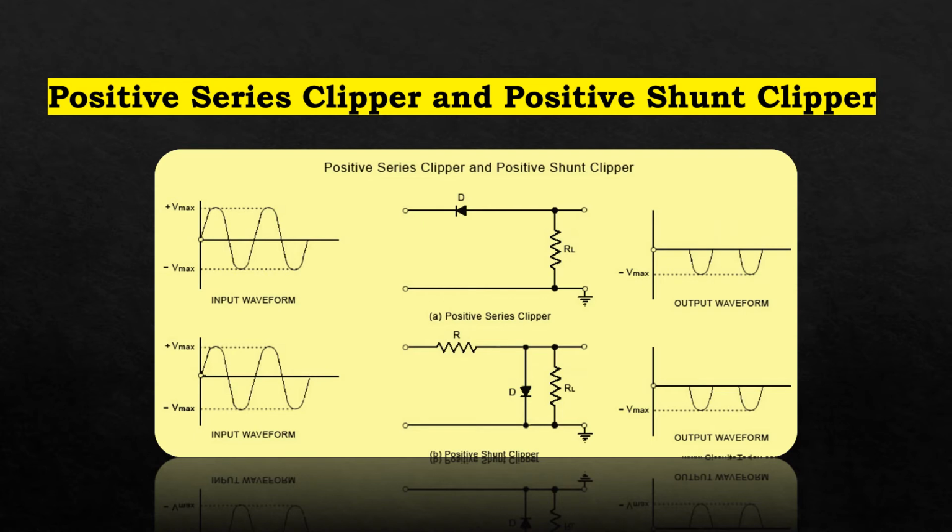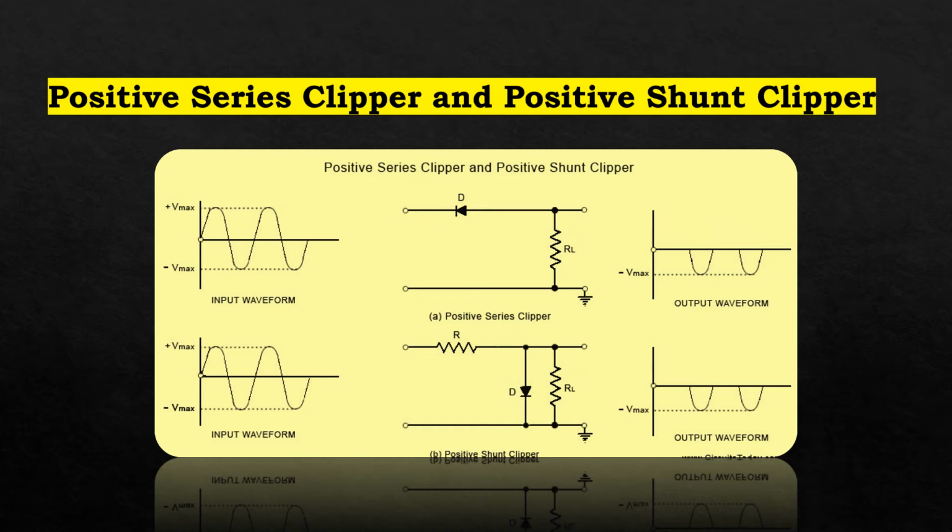In both the positive series clipper and positive shunt clipper, at the output side, the positive half cycles are clipped by the positive diode clippers. The circuit arrangements for a positive clipper are illustrated in the figure given in the slide. As shown in the figure, the diode is kept in series with the load.